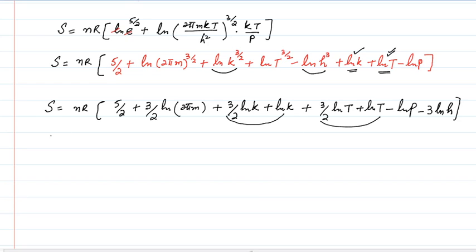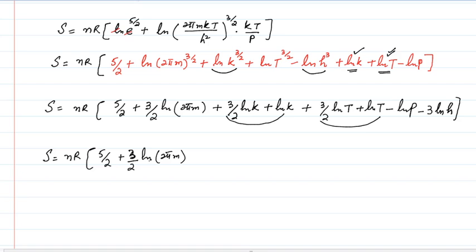So this will be equal to nR, 5 by 2 plus 3 by 2 ln of 2 pi m. Or you can separate this term also.